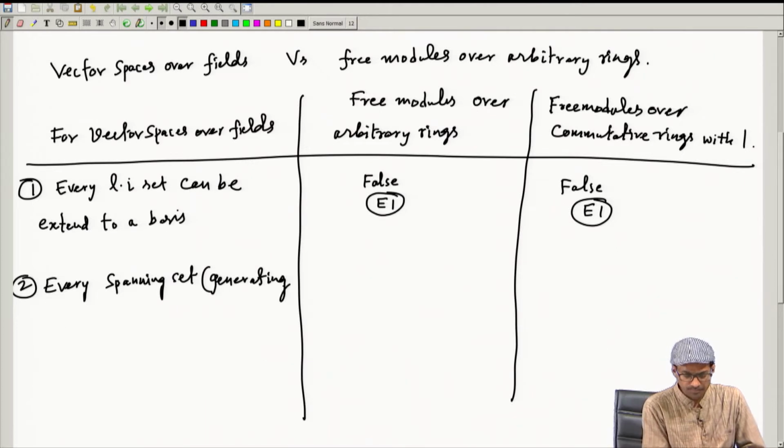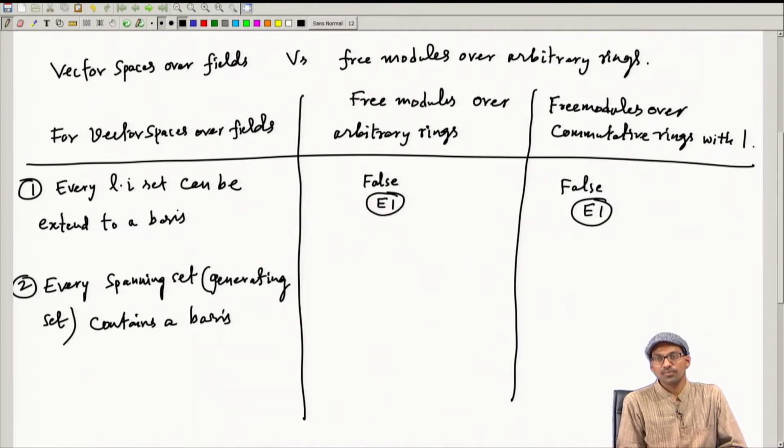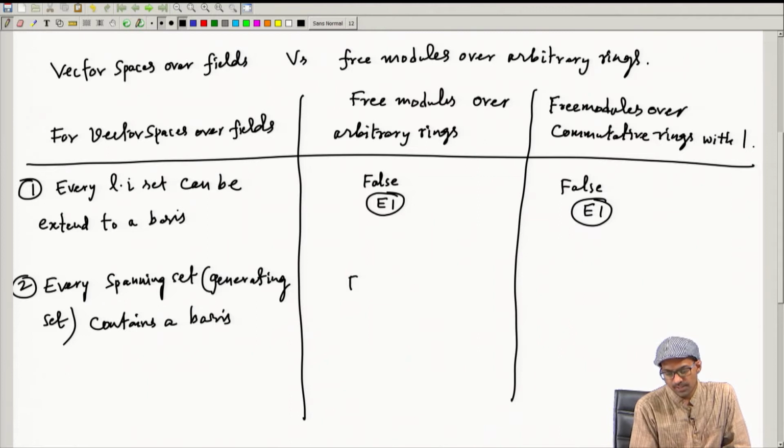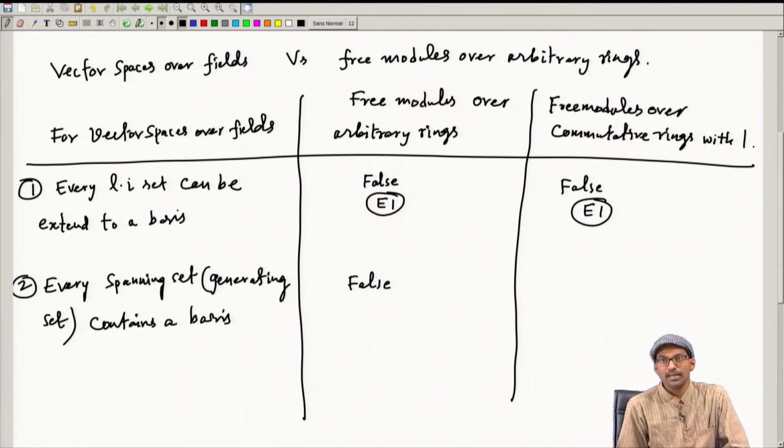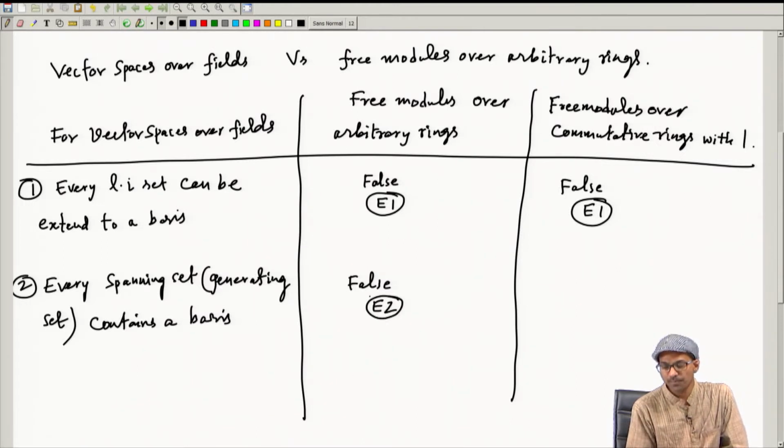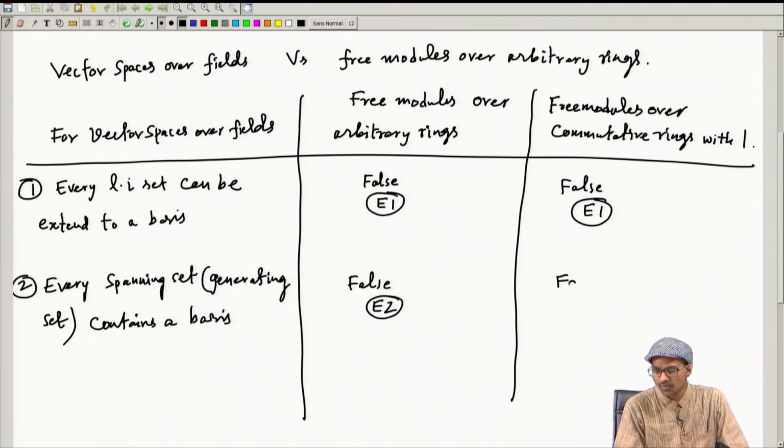We know that this is true for vector spaces, but it is false in the case of free modules over arbitrary rings. I will give an example E2. Of course, this is also false in the case of free modules over commutative rings.